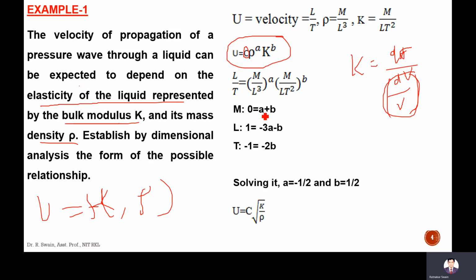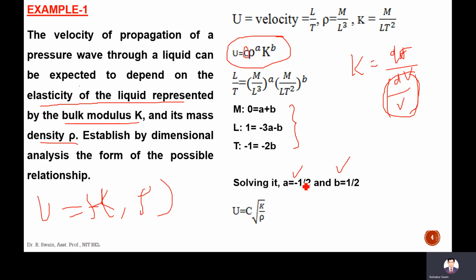Here you have to equate the M power, L power and T power on the LHS and RHS. The M power is 0 on the LHS, and on the RHS it is a plus b. The L power is 1 on the LHS, and on the RHS it is minus 3a minus b. The T power is minus 1 on the LHS, and on the RHS it is minus 2b. Using the three equations you can solve for a and b.